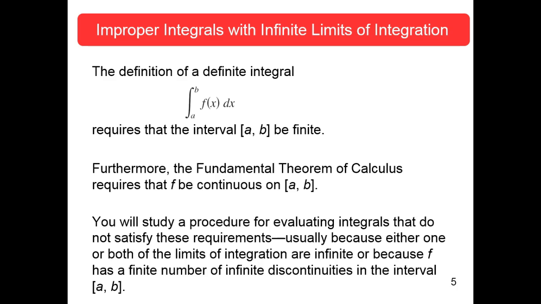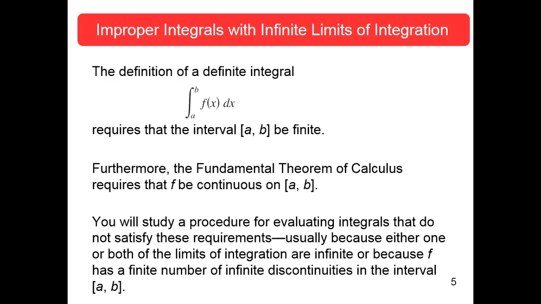We'll study a procedure for evaluating integrals that do not satisfy those two requirements, usually because either one or both of the limits of integration are infinite, either this one, that one, or both. Or because f has a finite number of infinite discontinuities in the interval from a to b.